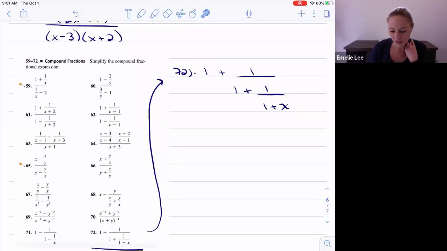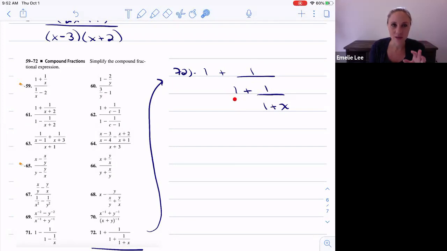Okay. We need to simplify this, and we can, right? First thing I'm going to do is put this fraction, technically a fraction plus a fraction, over a common denominator. So I need to solve this first, put it over a common denominator and combine it as one fraction. And then I'll have a fraction over a fraction, right? 1 I can rewrite as 1 over 1.